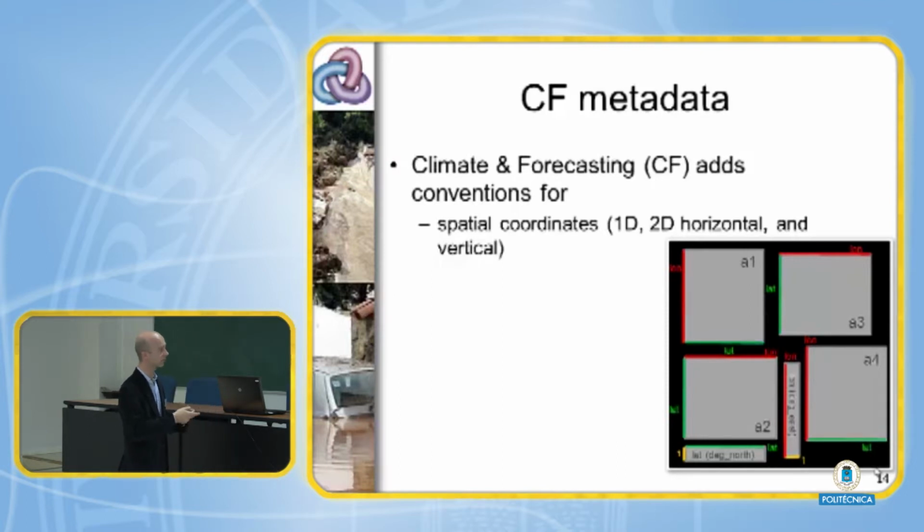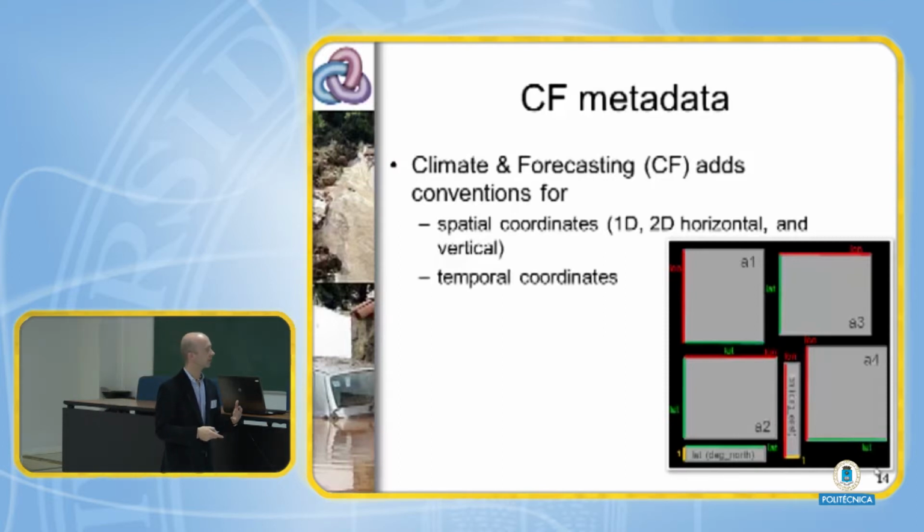And well, there are other things for two-dimensional coordinates and auxiliary coordinates and so forth. So you can start making sense, okay, if this is longitude and latitude and that correlates to these arrays, then most likely these are spatial arrays. Also temporal coordinates are identified, not shown in this picture.